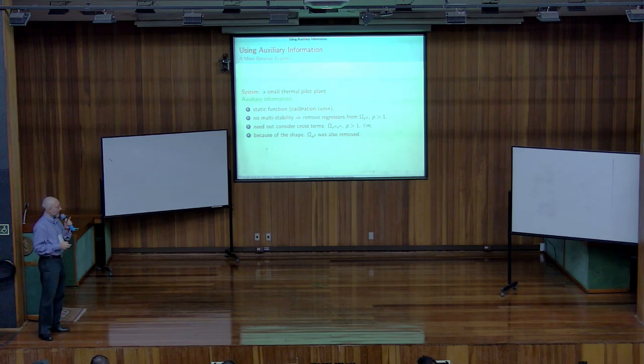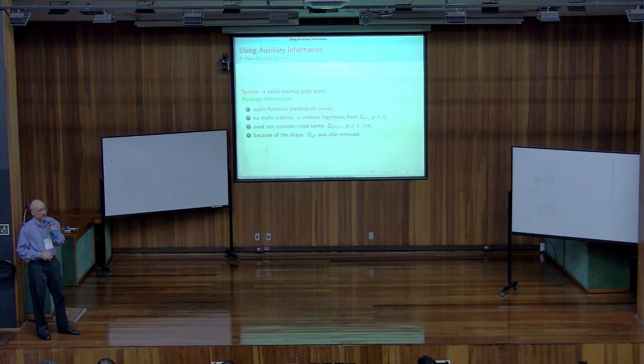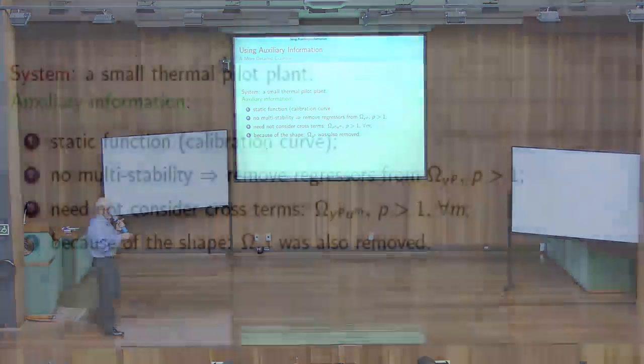So I know that that has to do with the number of fixed points, and I know how the number of fixed points is determined by the model, and it basically has to do with the degree of the regressors of the output. So I know that P doesn't have to be greater than 1. So what I do is I go to the pool of candidate terms.